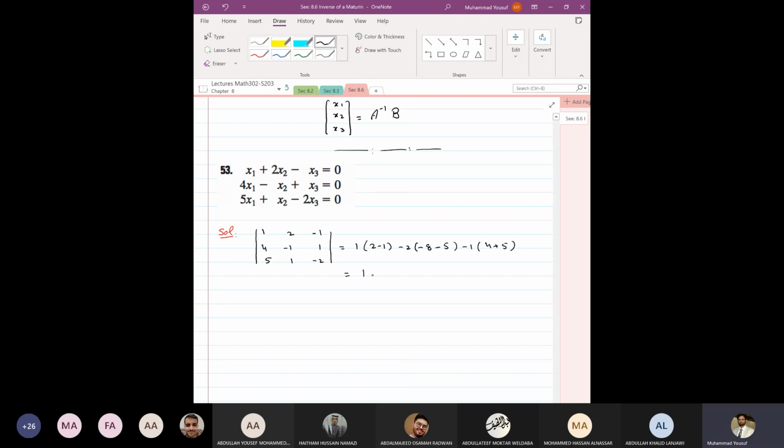So this is equal to 1 plus 8 plus 5, 13 times 2, 26 minus 5 plus 4, 9. It is not equal to 0.